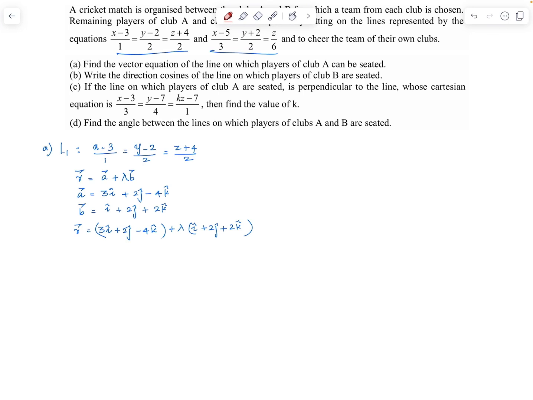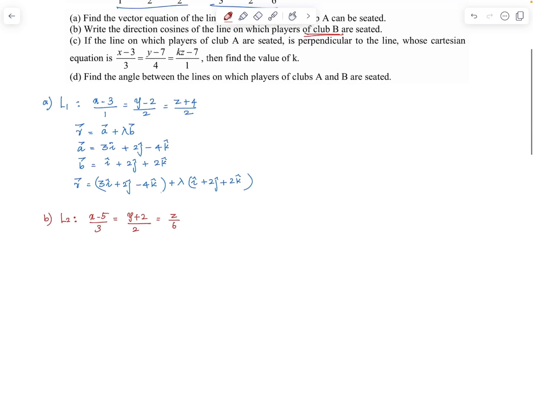Subdivision B. Write the direction cosines of the line on which players of club B are seated. So this is for club B. Let's take down the second equation, which is x minus 5 upon 3 is equal to y plus 2 upon 2 is equal to z upon 6.